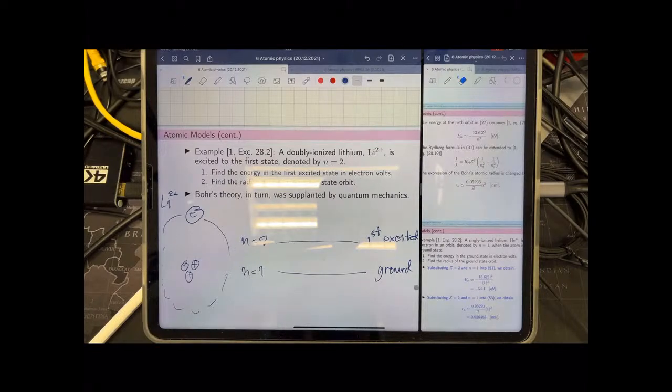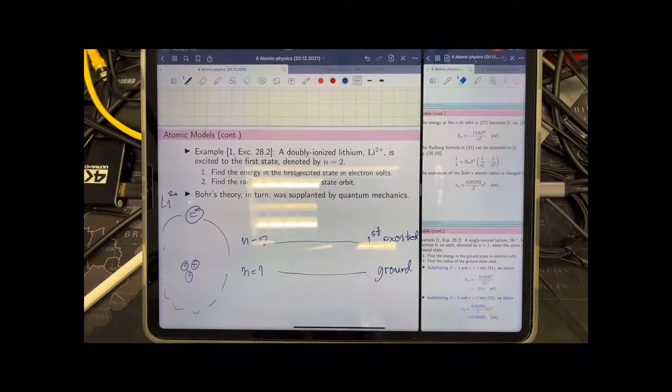Ground is the first one, and the first excited state is n equal to 2, the higher state above the ground state. That's called the first excited state.